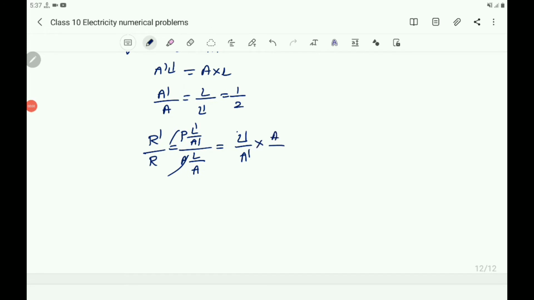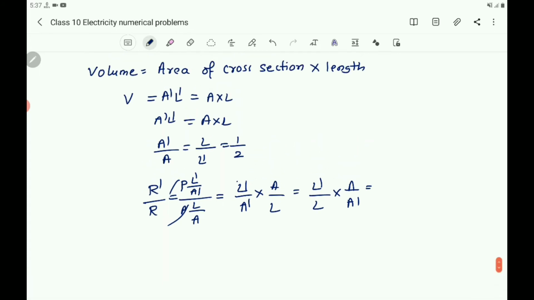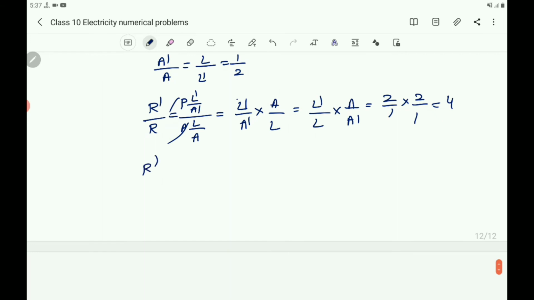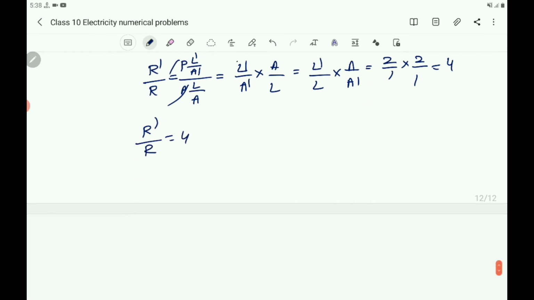The ratio is the same here. L dash by L means you will get 2 by 1, and A by A dash is also 2 by 1, that equals 4. So you got R dash by R equals 4, that is R dash equals 4R.